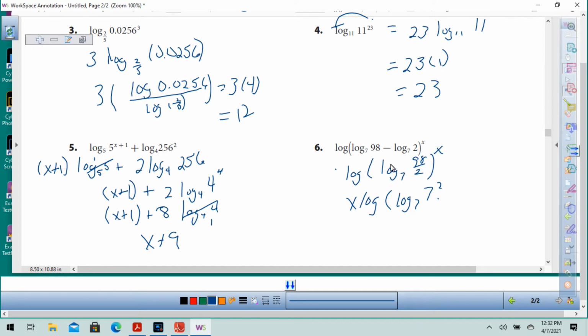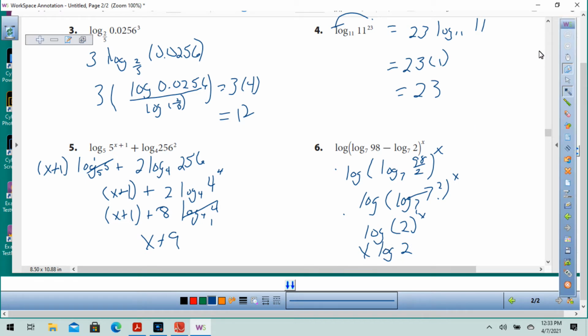That's outside of log base 7. So 7 squared, this becomes 1, and I have 2 to the x power, and that gives you x log 2.